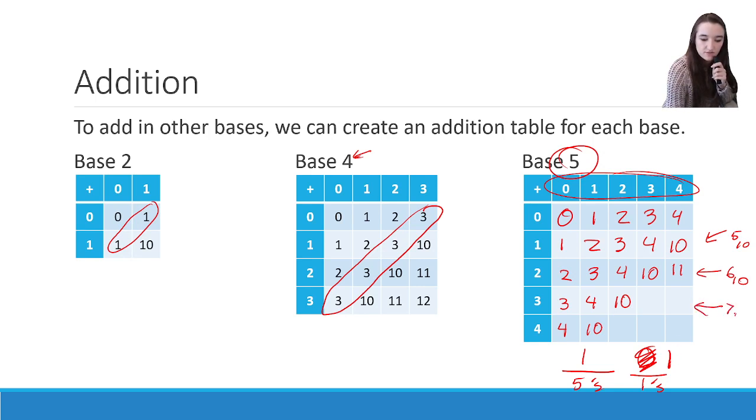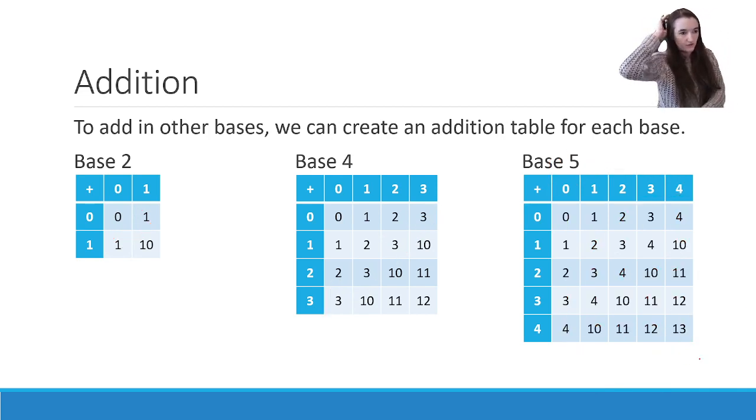Then 7 in base 10 is 1 five, and 2 left over, so this will be 12. And finally, 4 plus 4 is 8 in base 10. So 8 is 1 five and 3 left over, to get 13. Altogether it looks like the following.